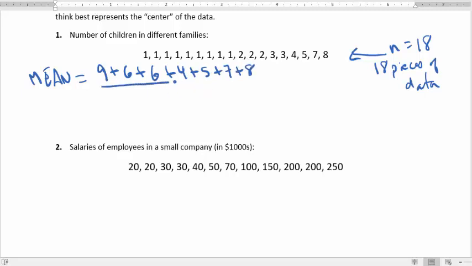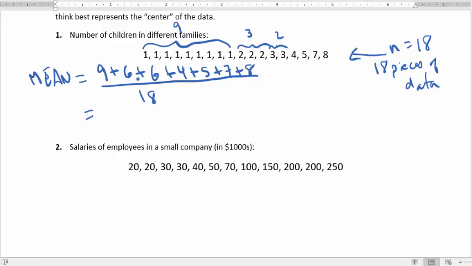So you see what I did is I grouped all the ones that were the same together. There were 9 ones, that's where I got my 9 from. There were 3 twos, that's where I got my 6 from. And there were 2 threes, that's where I got my other 6 from. I did 3 times 2, 2 times 3, and 9 times 1. And then I would divide by how many there were, which is 18.